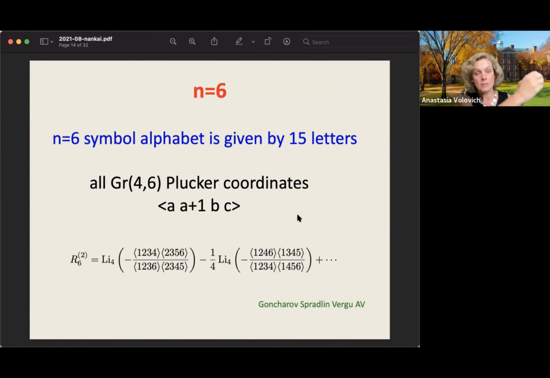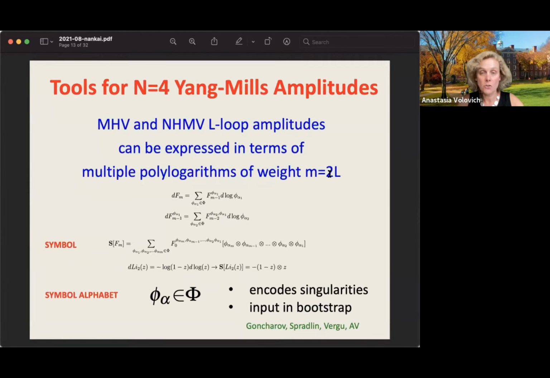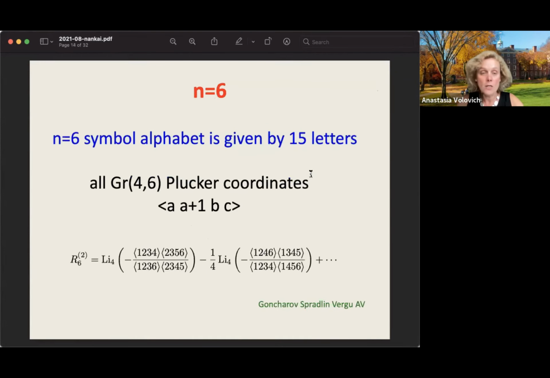So let me give you some examples. What's known? As I said, 4 and 5 point amplitudes are known to all loops, so I'm not even going to talk about them. For the 6 point amplitude, let's just do a sanity check. I taught you that for the 2 loop amplitude, the polylog is weight 4. So the function would be some Li4 of various brackets of momentum twistors.